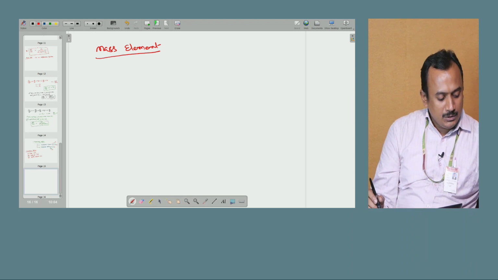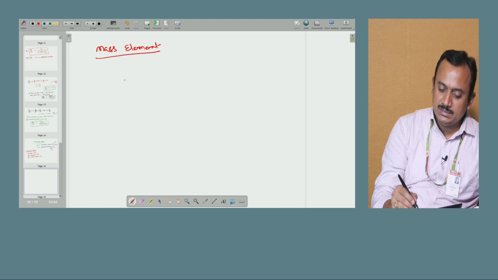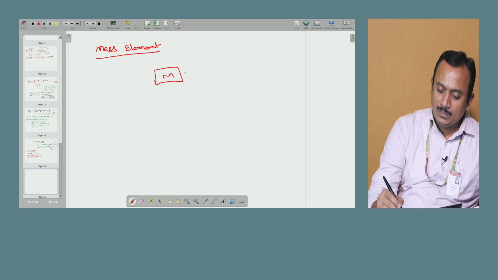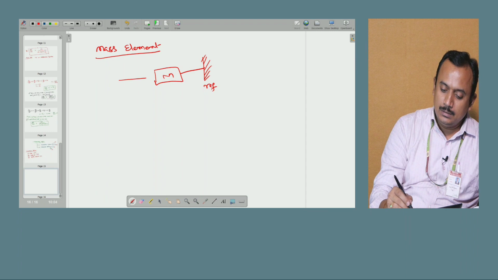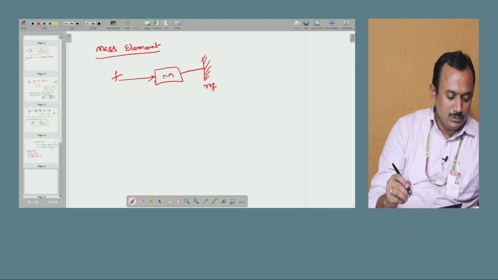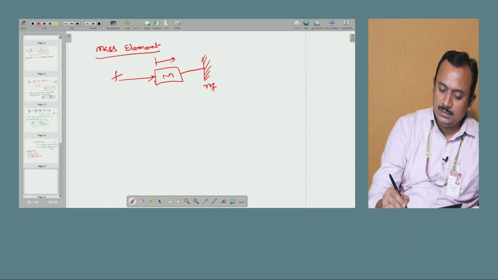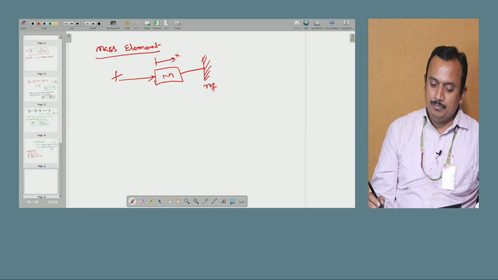The equivalent circuit of this mass is represented as M, and we have a reference, and the force is your input F, and the distance traveled by this body is your x, that is output.